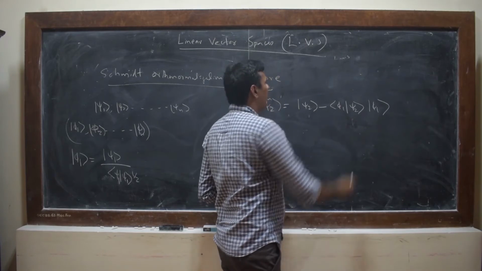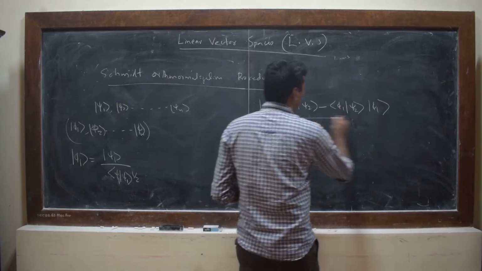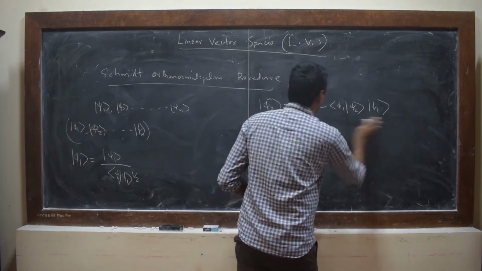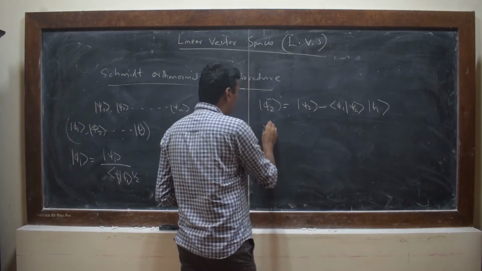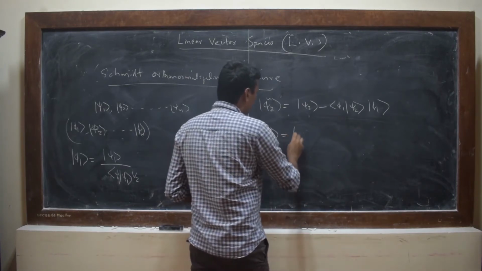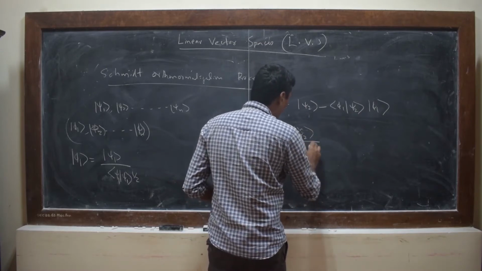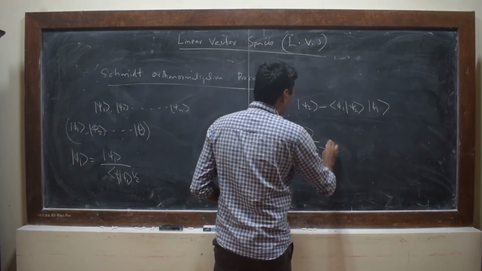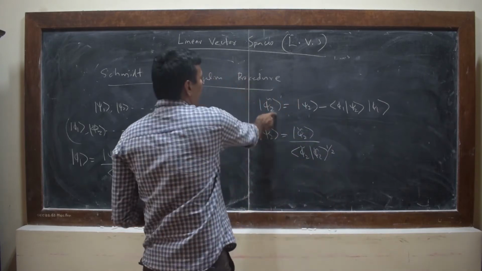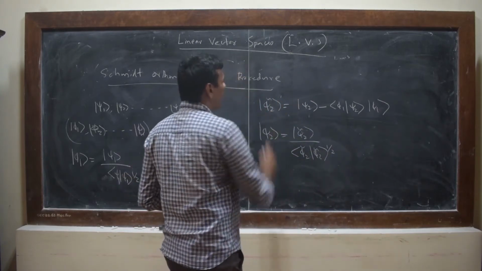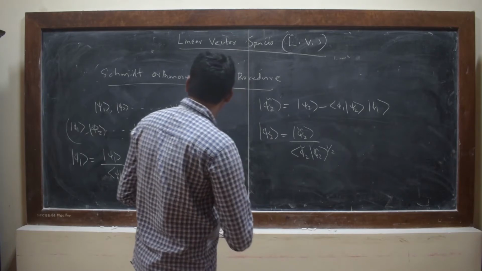Now I will normalize this. So, my actual phi 2 is equal to phi 2 tilde divided by its norm, phi 2 tilde all raised to half. Okay. So, I need to find the norm of phi 2 tilde.